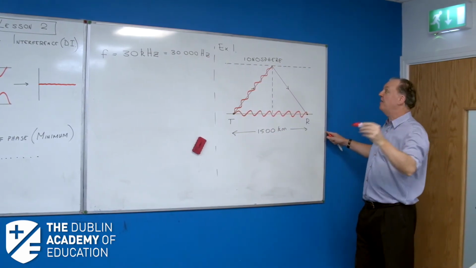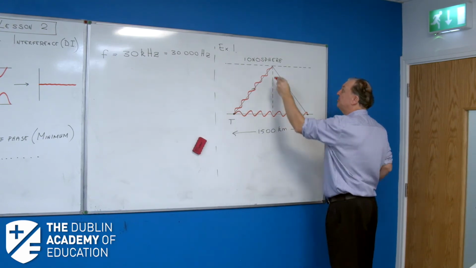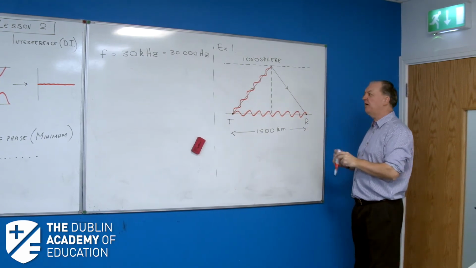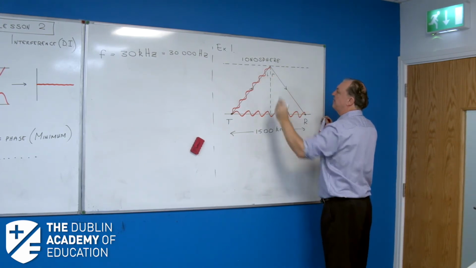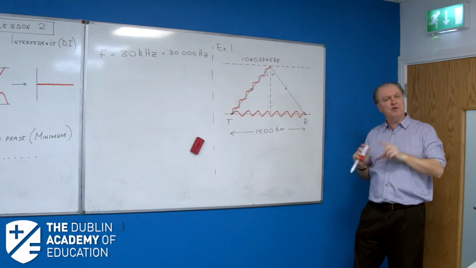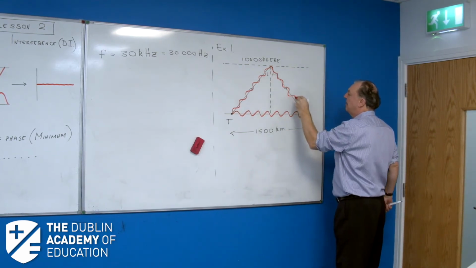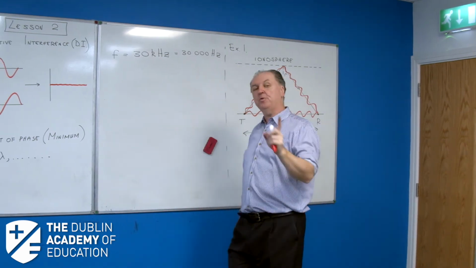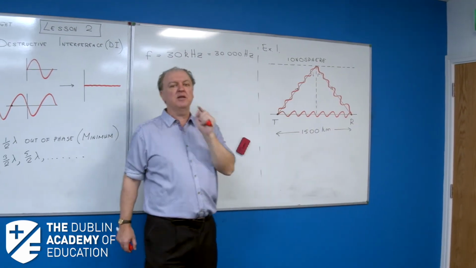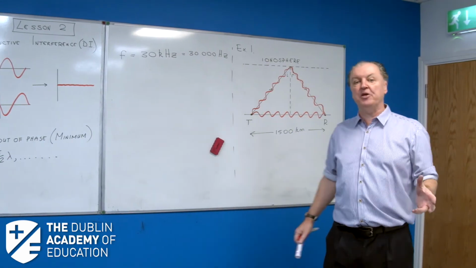It can bounce off that mirror just like it would when you do your laws of reflection. You know what your laws of reflection are? The angle of incidence, i, is equal to the angle of reflection, r. Exactly the same thing applies here. They bounce off the ionosphere and they come to the receiver. So two ways my receiver can receive the radio signals: along the ground or by bouncing it off that mirror in the sky.